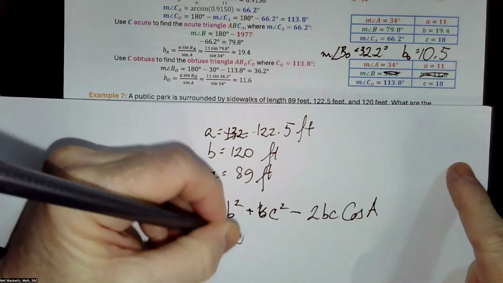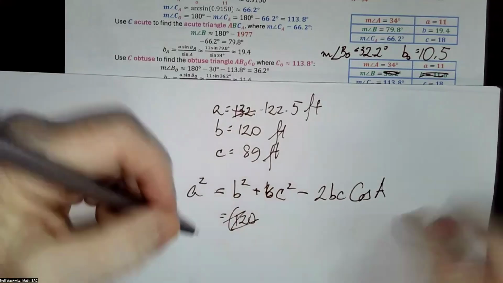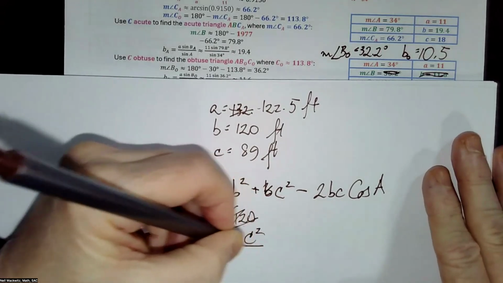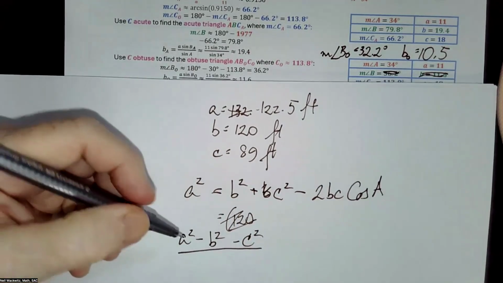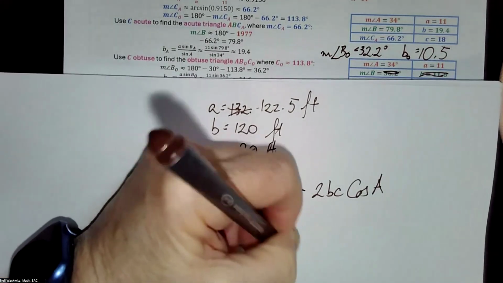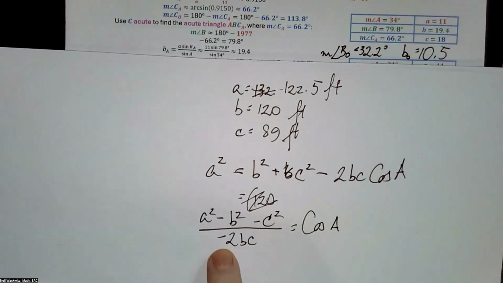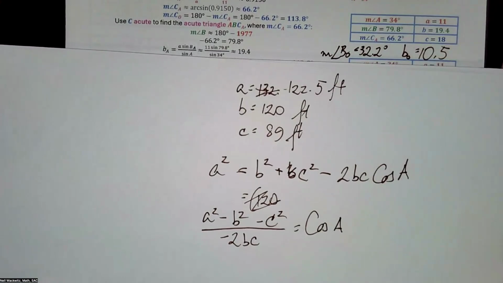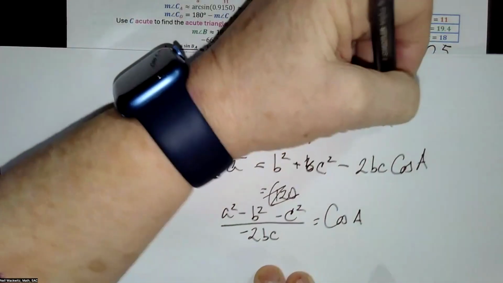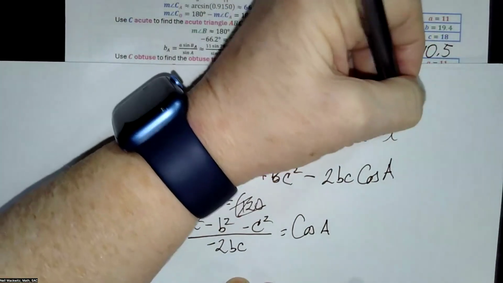Let's solve for cosine A first. So subtracting, we get A squared minus B squared minus C squared, and then we're going to divide by the coefficient of cosine A. And let's make life easier for us and find 2 times BC. So 2 times 120 times 89.